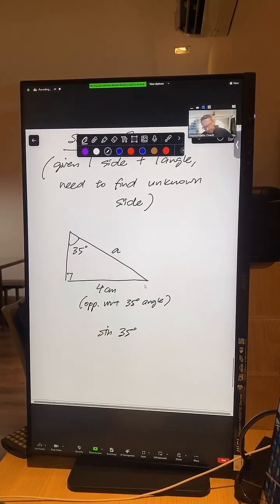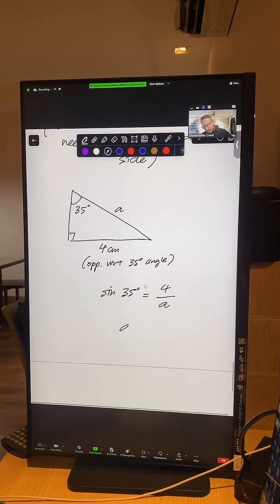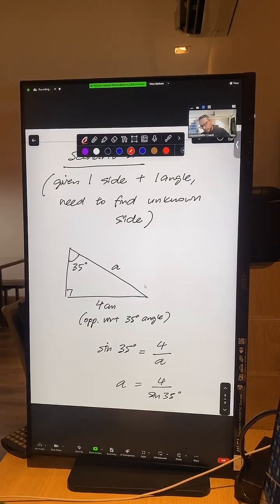So sine 35 degrees equals to opposite over hypotenuse, right? So opposite here is 4, hypotenuse here is A. We're gonna find out A. How to find the A? So A bring up, sine 35 bring down. So in this case, you don't use inverse.